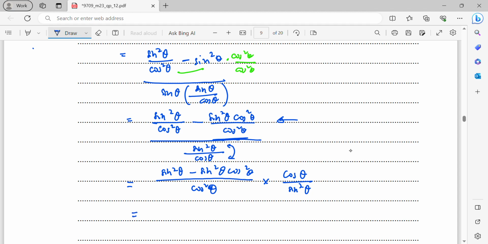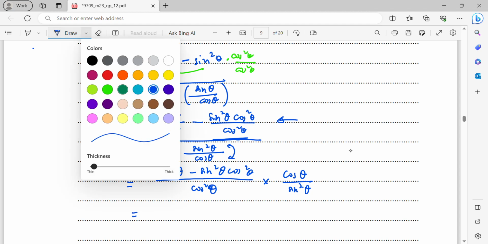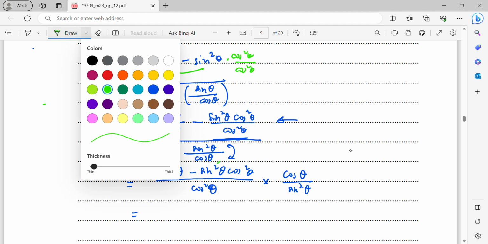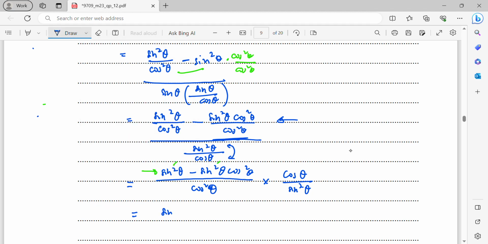So now for the first rational function, I notice that the sine squared theta is in common. Therefore, I will factorize the sine squared theta. And then you will get 1 minus cos squared theta, then over cos squared theta, and then times cos theta over sine squared theta.